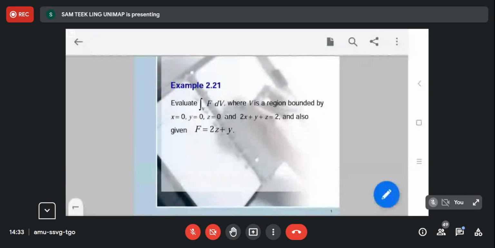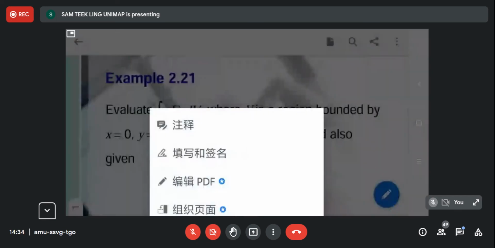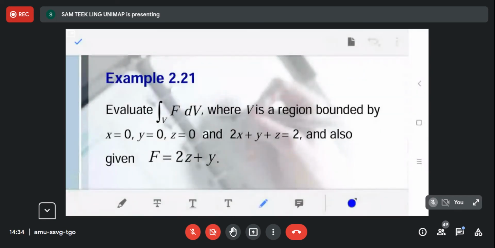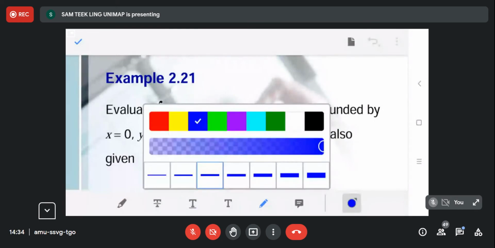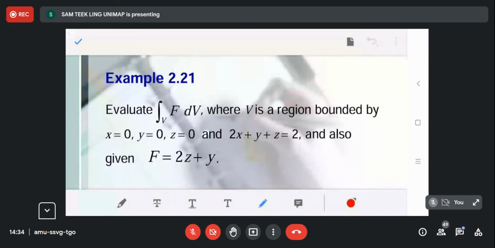This one will teach you how to sketch. I give you already. I'm not teaching volume indicator now. I teach you how to sketch first. After we sketch, then we will go back to our surface.